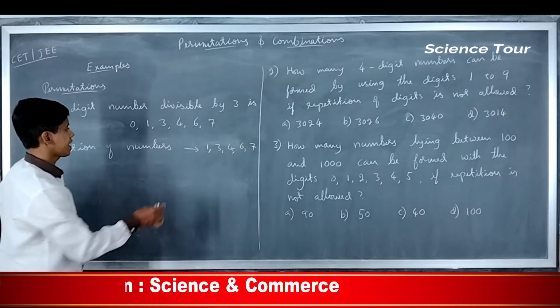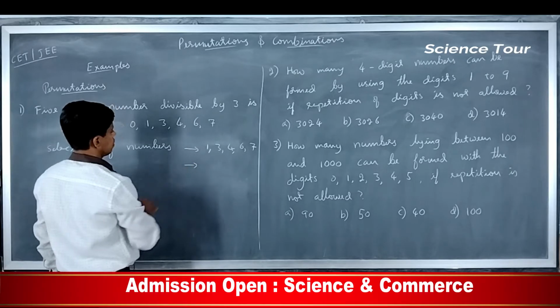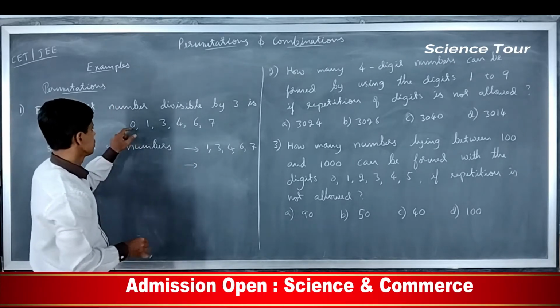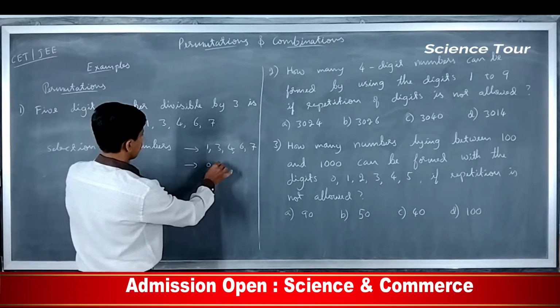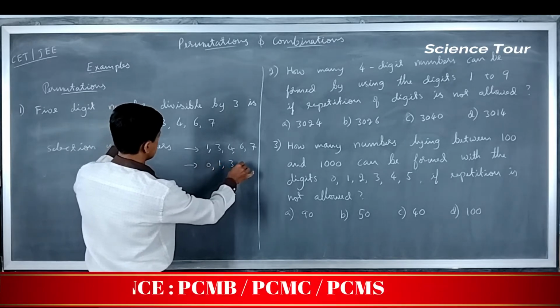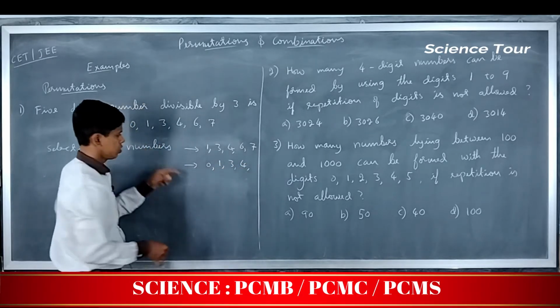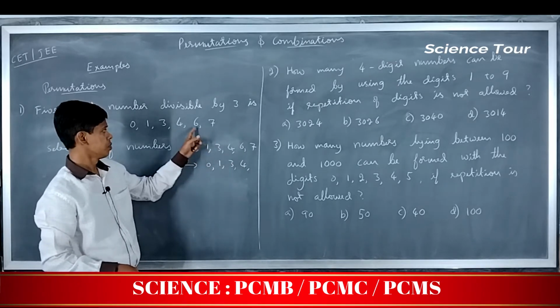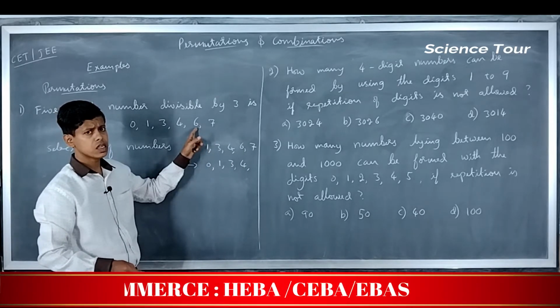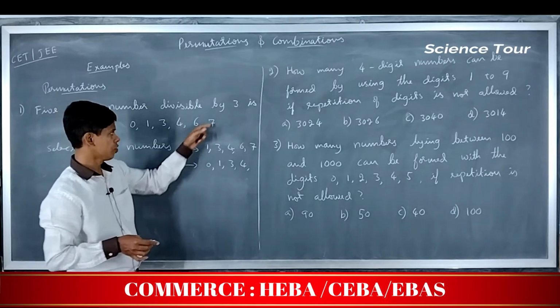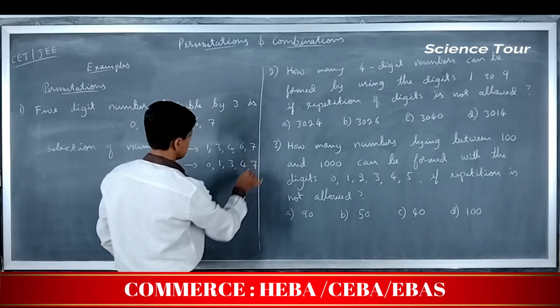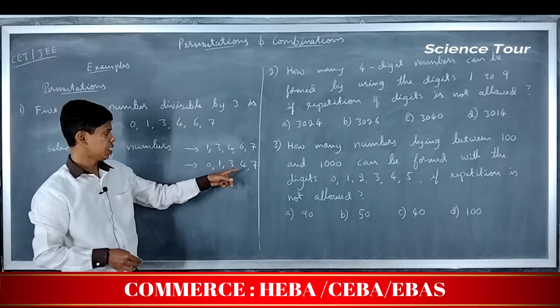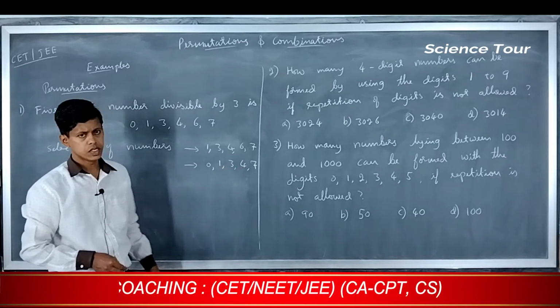Alright. What is the second selection that you have? The second selection that you can have is, see, 0, 1, 3, 4, how much is this? 8, plus 6 will be 14, not divisible by 3. Therefore, if you take 7, then that will be 15, which is divisible by 3.